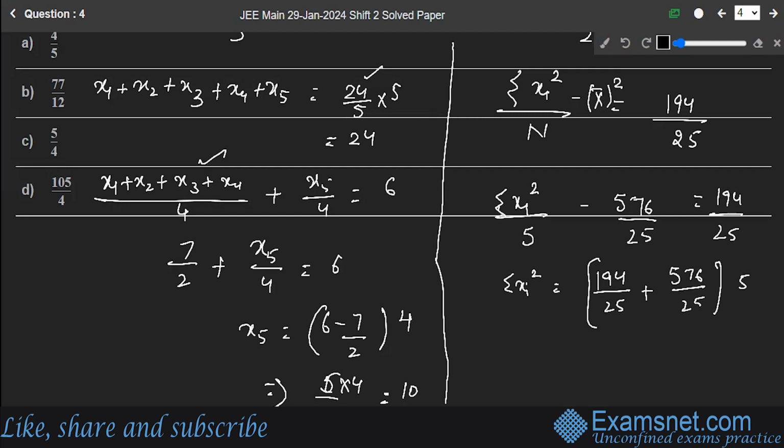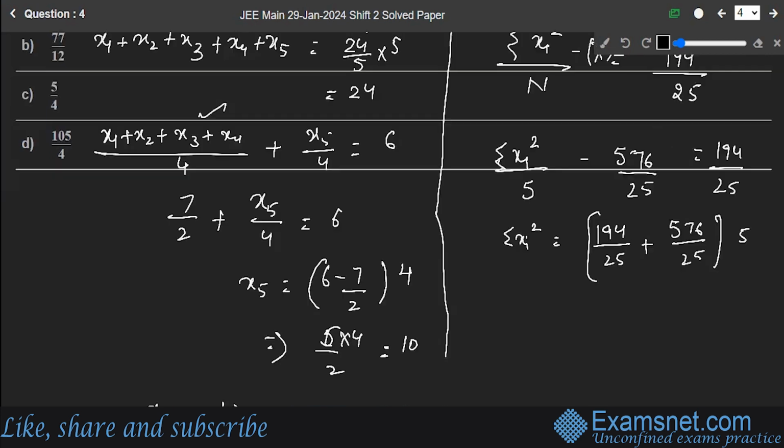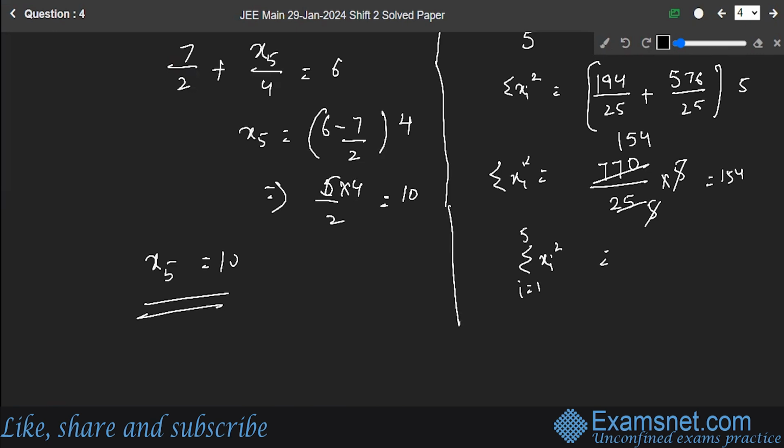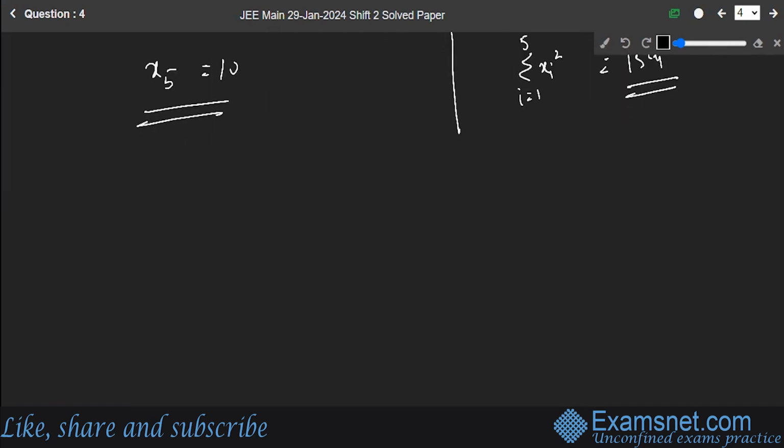This becomes equal to, I'm adding, 770 upon 25 into 5. This 5 will be cut to 1. This will be 154. Summation xi square for i is equal to 1 to 5, because I had 5 terms over here, is equal to 154.